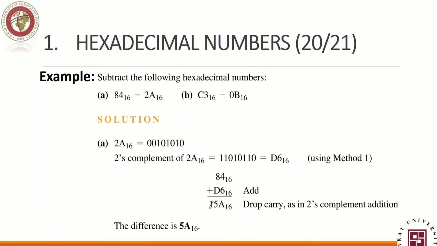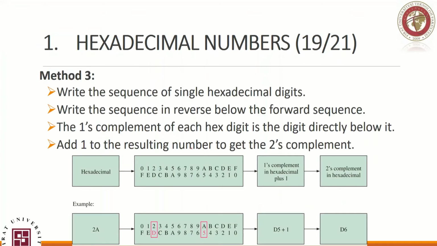Let's take an example. Let's take just a simple example like this: 84 base 16 minus 2A base 16. How do we do it? Now, the easiest way is to take the 2's complement of the subtrahend and then add them, not subtract them. How to get it? We explained 3 methods.